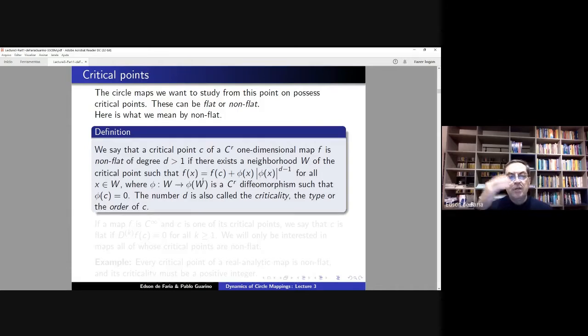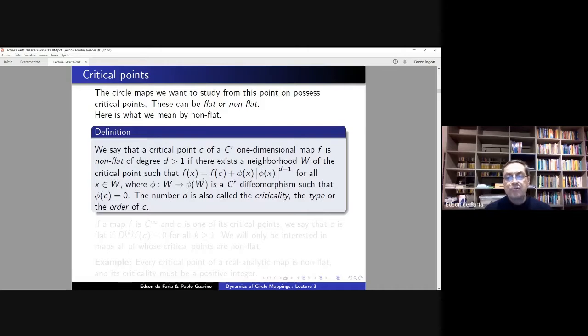So a typical example, which will actually be the generic case, would be a cubic critical point. So you have something like x goes to x to the third power, okay? In that case, you have d equals 3. And because d is odd, you don't need to write the modulus the way I wrote there, okay?